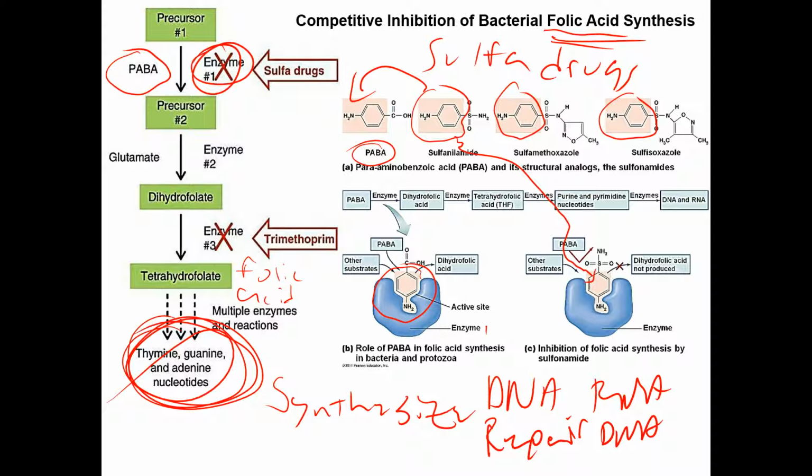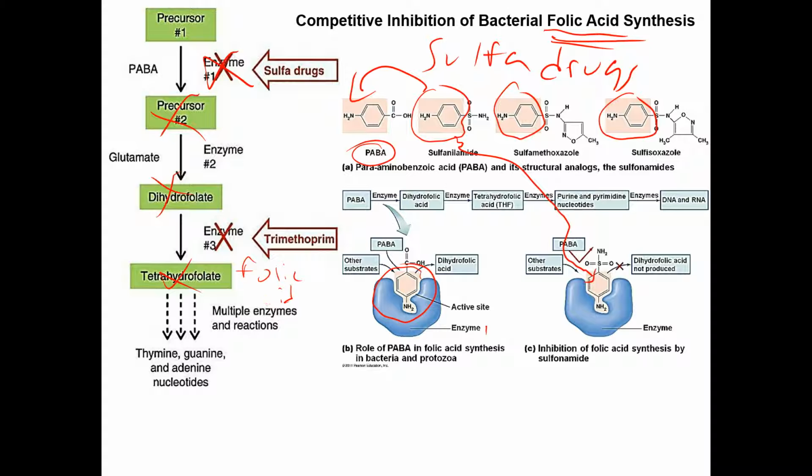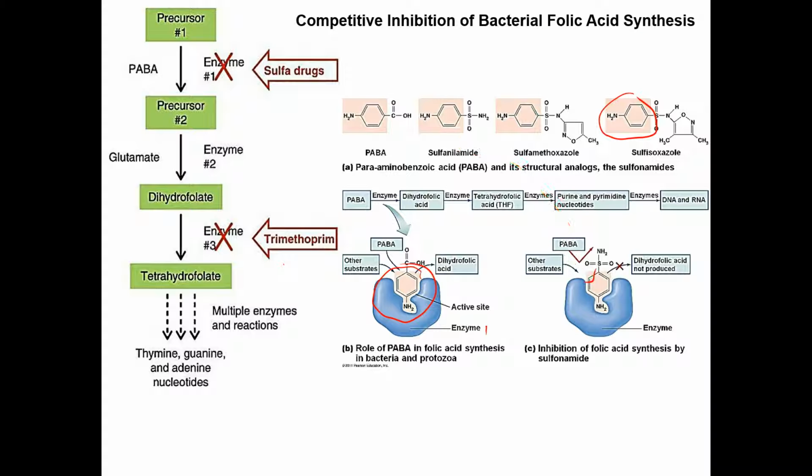And as a result, if PABA can no longer bind to its enzyme, this enzyme is inactivated, basically halting that process, and the bacteria can't synthesize folic acid, it can't synthesize these nucleotides, so guess what? It kills bacterial cells. So this is an example of competitive inhibition.